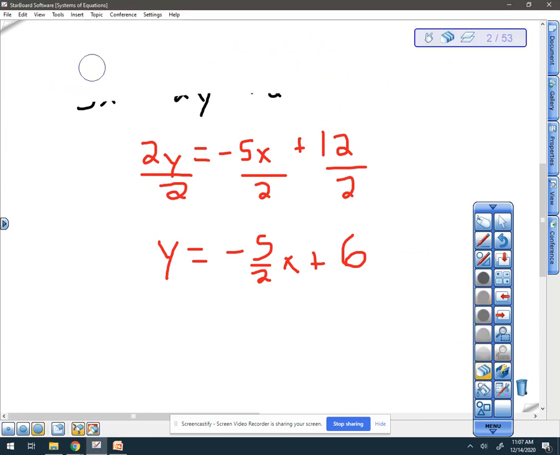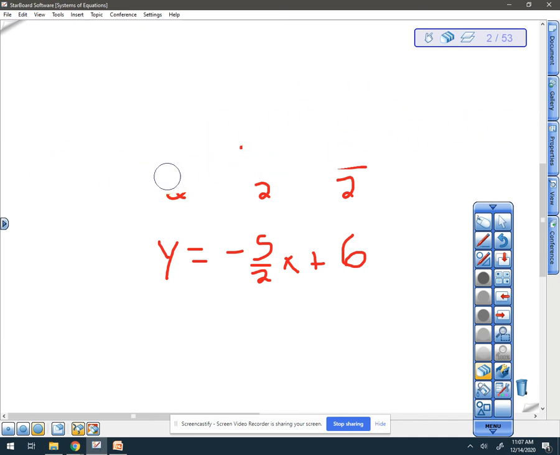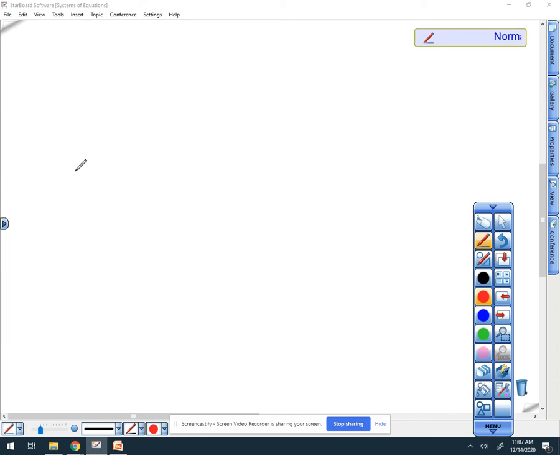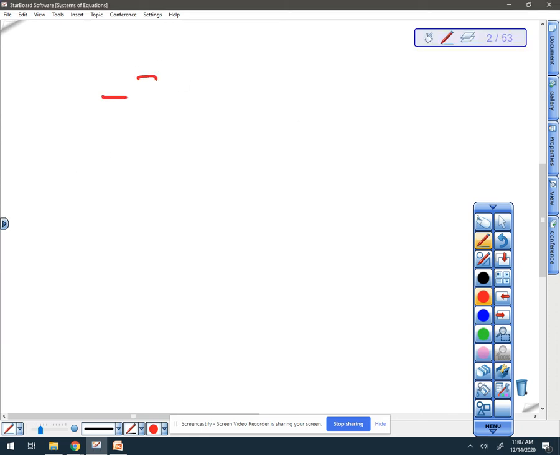We'll do one more and that's it, because this is pretty simple. As long as you follow the 2 steps, all you're going to do on your assignment is they're just going to give you an equation. So negative 3x plus, so let's switch this.